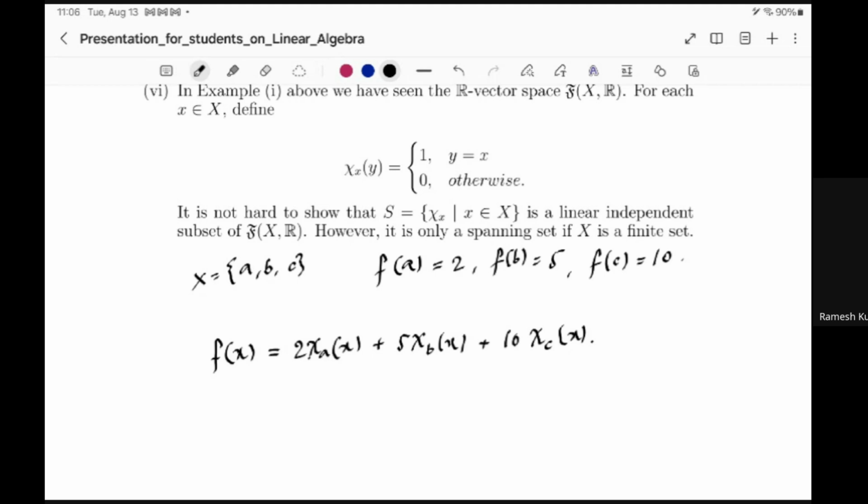Sir, can you provide this PDF? Can I provide what? This PDF file, sir. Yeah, sure. I will share it with the group or to Dr. Vinod, whatever is needed. In the chat box, can you provide it, sir?